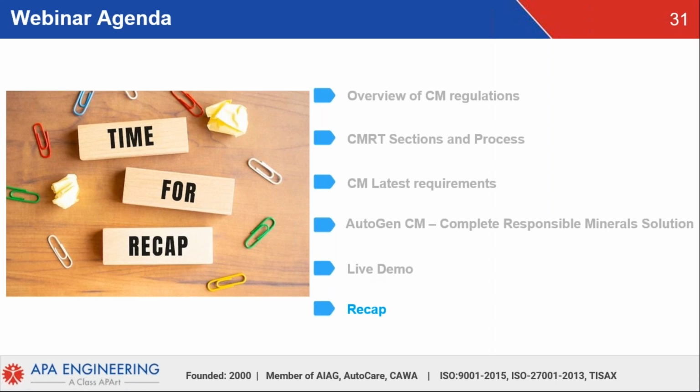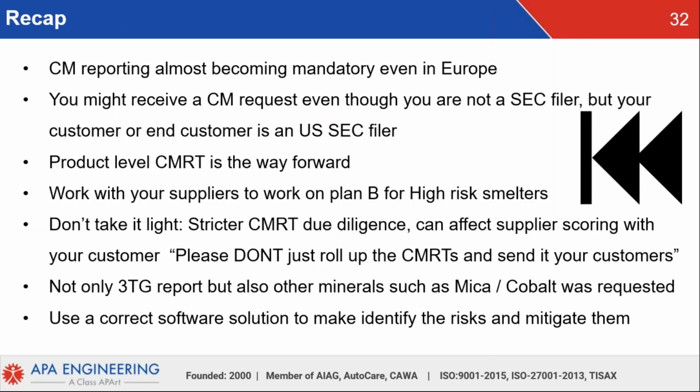As a recap, CM reporting is almost becoming mandatory even in Europe. You might receive a CM request or conflict minerals request even though you are not an SEC filer, but your customer or your end customer is an SEC filer. Product level CMRT is the way forward.